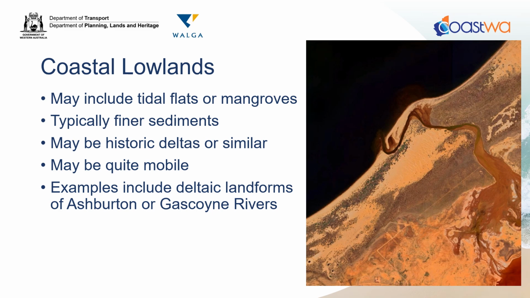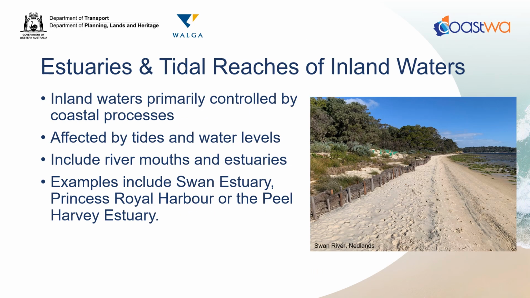The photograph there, which is an aerial from up around the Gascoyne region, or the Ashburton, I think, shows that meandering river mouth, which can obviously break through different sections of that coast and be therefore very mobile from time to time. And so the deltaic landforms of the Ashburton and Gascoyne rivers are really good examples of these coastal lowlands. We'll discuss an example of these a little bit further later in one of the case studies as well.